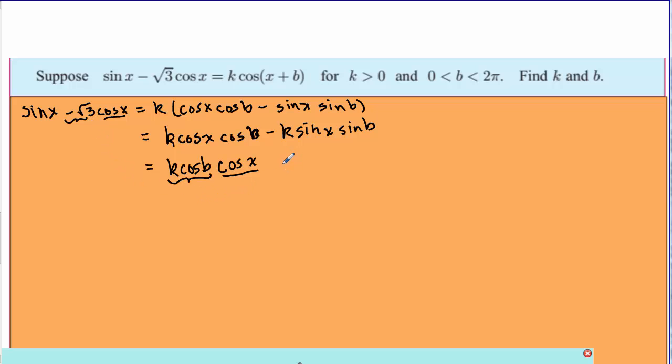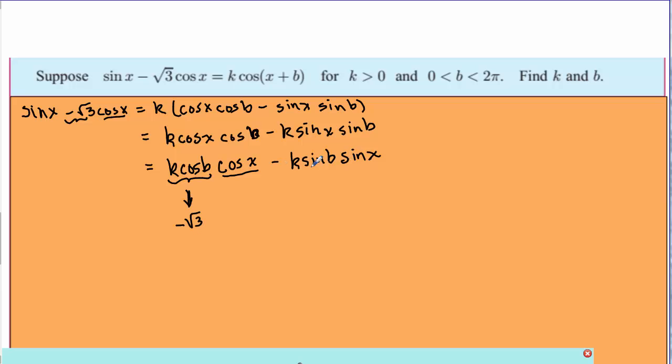So what has to be true then is that k cosine b has to be minus root 3. And over here we also have that minus k sine b times sine x.